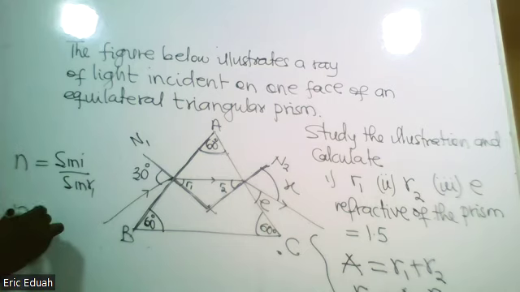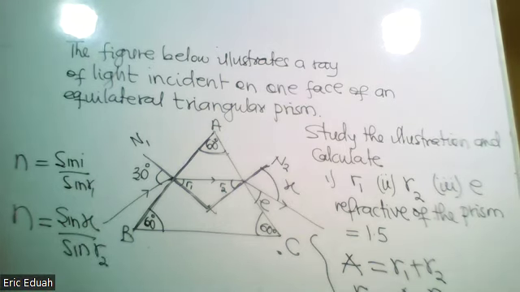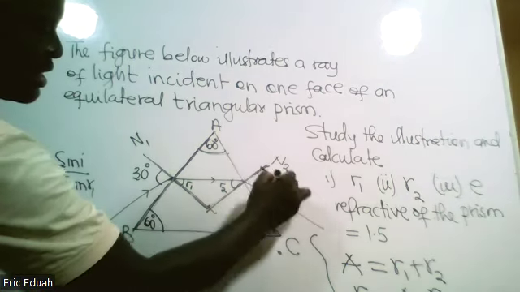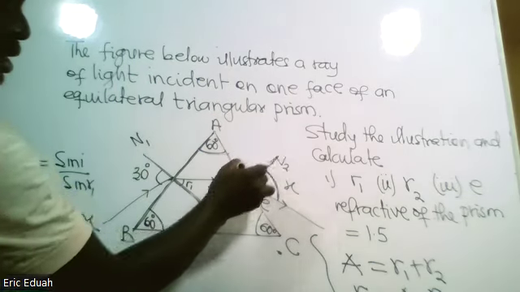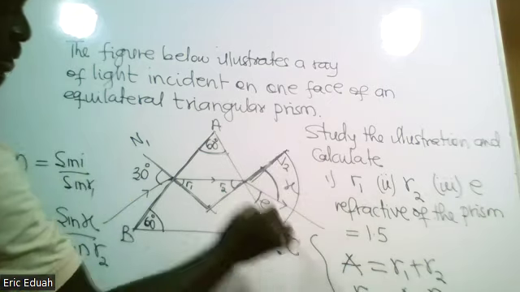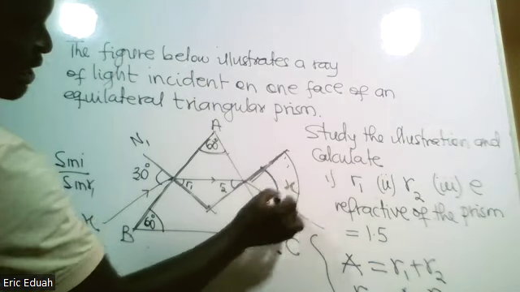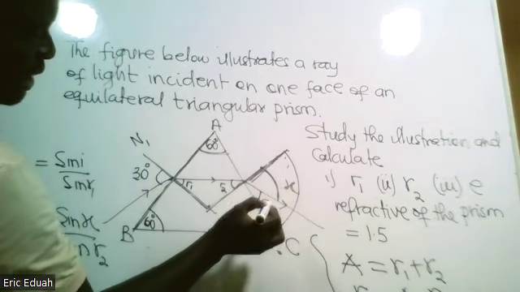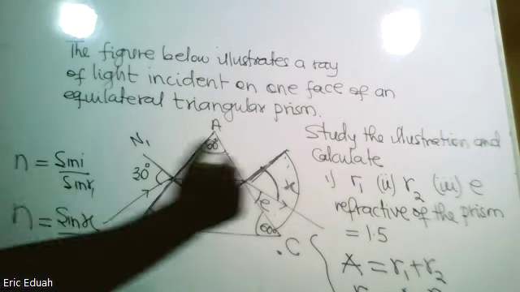So this would be sine of X over sine of R2. If I manage to find X, I can determine E, because this is the second normal. The angle from this to the prism is 90. So if I find X, I just subtract X from 90 to get E. So you can determine it by reversing it.